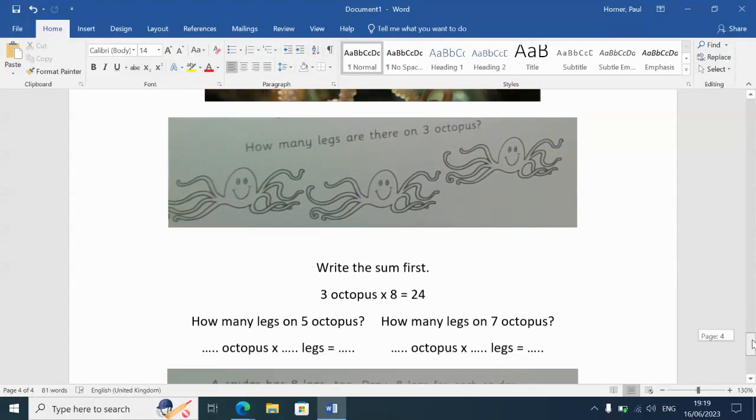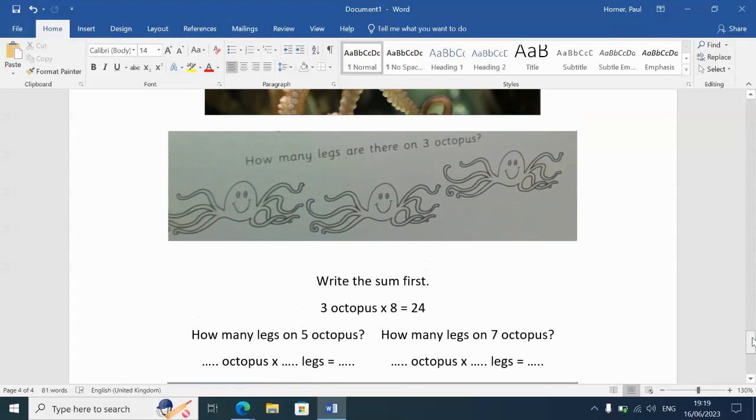So how would you work out how many legs on 5 octopus? Where would the 8 go? Actually, would that not be 5? Because there's 5 octopus. 5 octopus multiplied by how many legs? 8 legs equals 40.